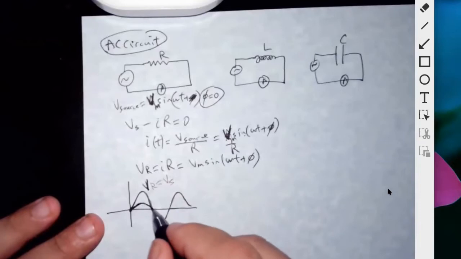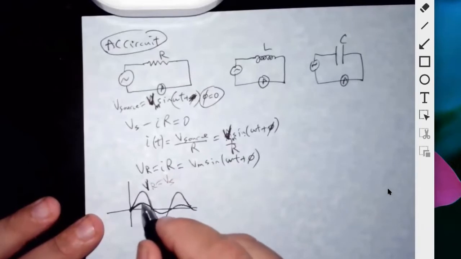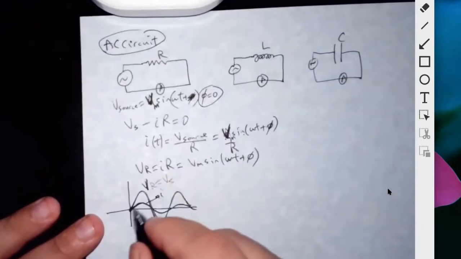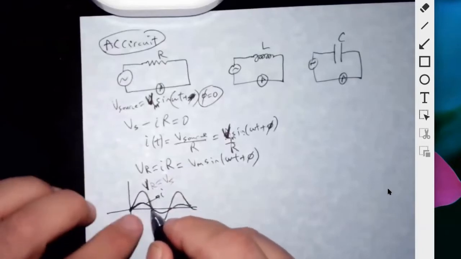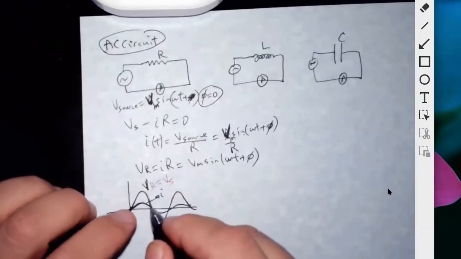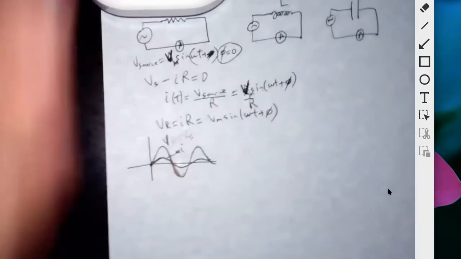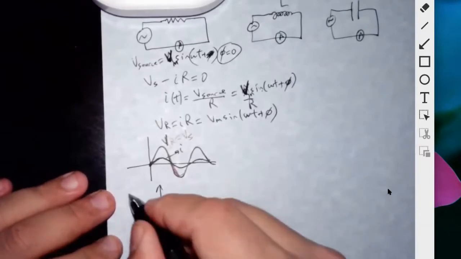It rises with the voltage of the resistor, then drops. And when one of them is equal to 0, the other one is equal to 0.